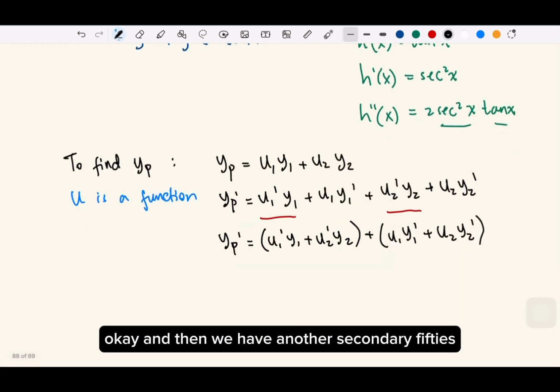Okay, and then we have another, the second derivative.